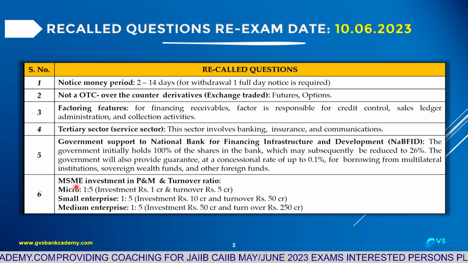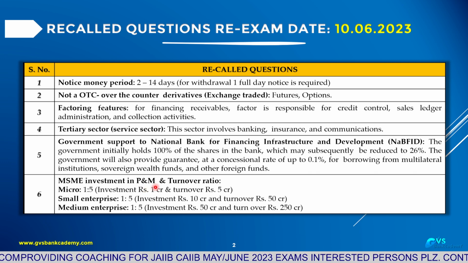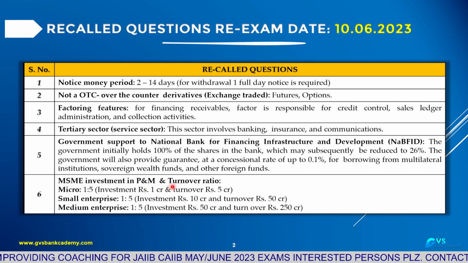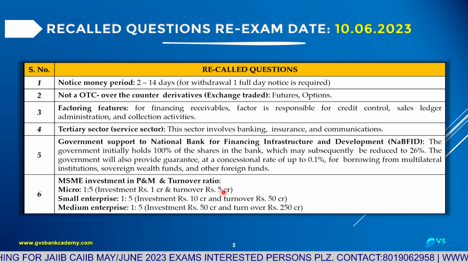Then this is a new type of question: MSME investment in plant and machinery and turnover, what is the proportionate ratio? Micro enterprises: initial investment in plant and machinery 1 crore and turnover up to 5 crores, so the ratio is 1:5.